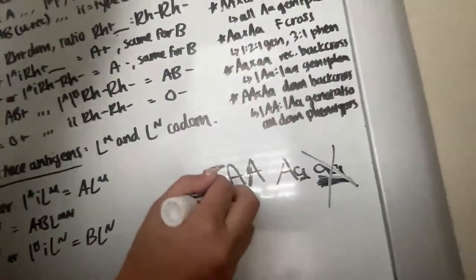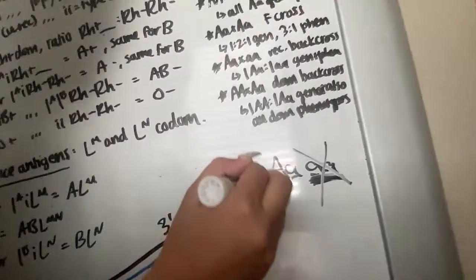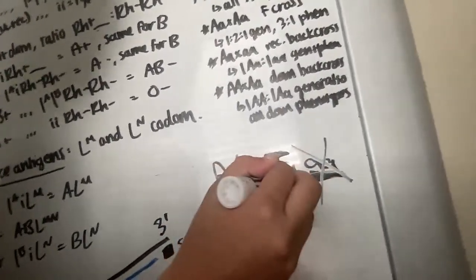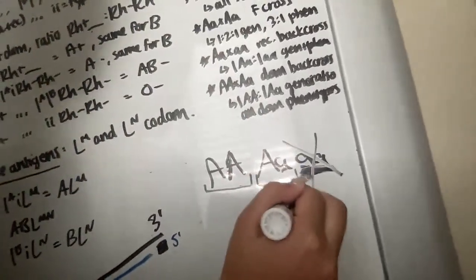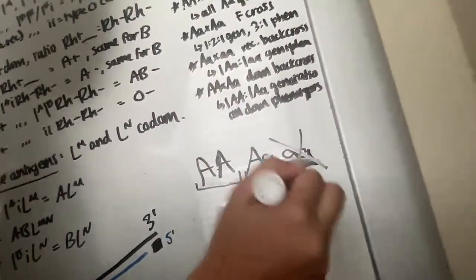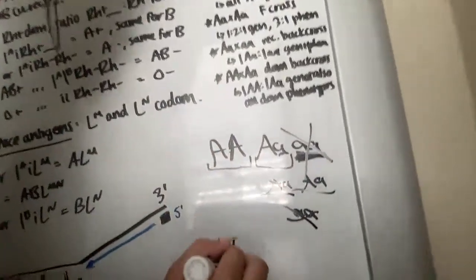However, if you have this one, you're going to stay alive. And if you have this one, you're going to be a carrier, but you're still going to stay alive. So if this person mates with this person, they can have a kid that has that lethal allele. However, these two people are only going to be carriers.